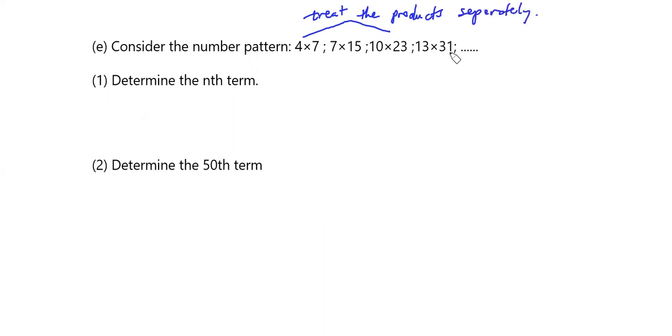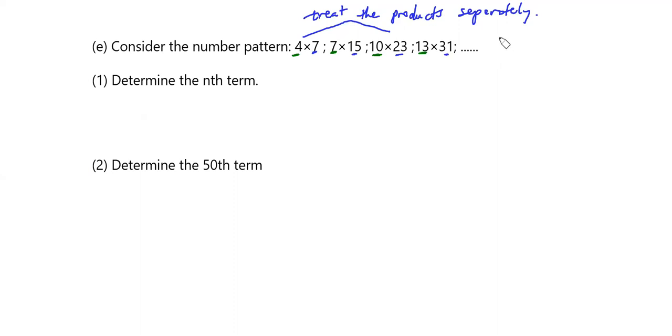We need to treat 7, 15, 23, 31 separately from your 4, 7, 10, and 13. Treat them as two different sequences.